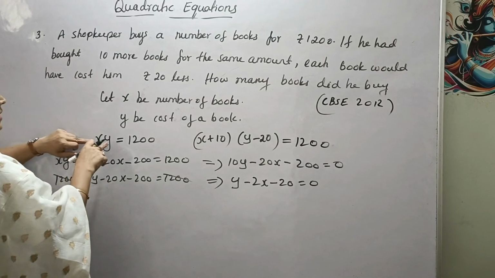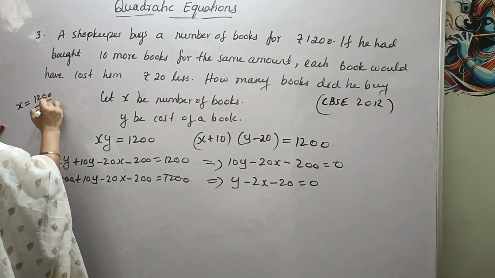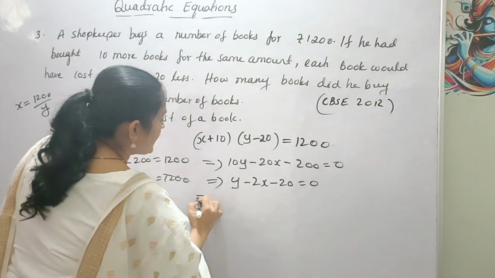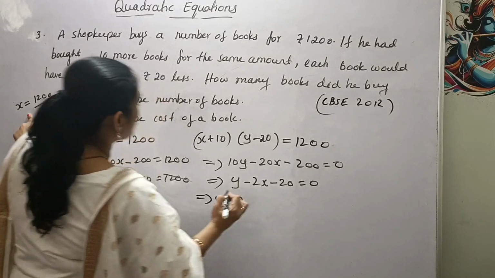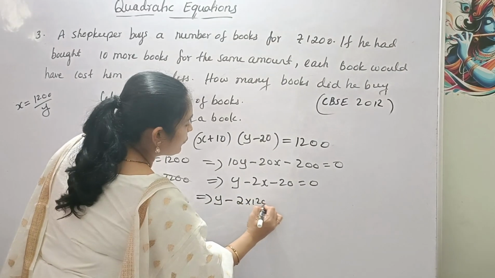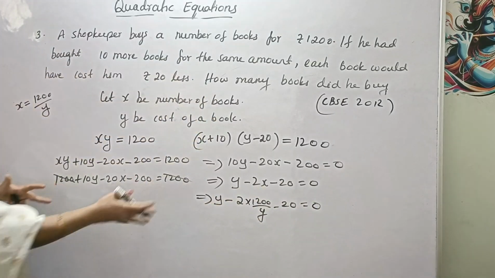Let's change. Here we know that x is equal to 1200 divided by y. Substitute this here. That is y minus 2 into 1200 divided by y minus 20 is equal to 0. Now simplify this.